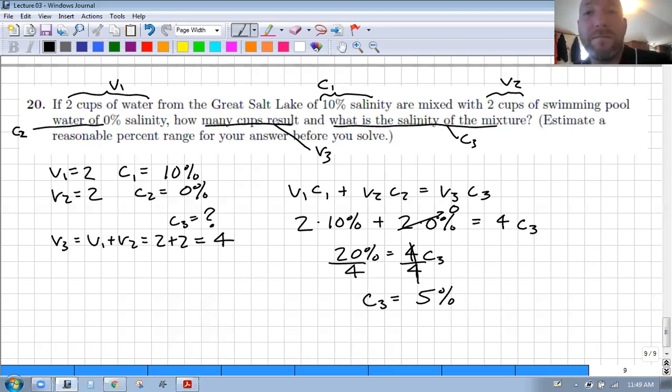If half of it was at 100%, it would be 50%, right? If 2 cups were pure salt and 2 cups were no salt, we'd have 4 cups at 50%. But the 2 cups, instead of fully salt, are only 10%. So it makes sense that it should be a reasonably small percentage because there's only 10% in half of it.